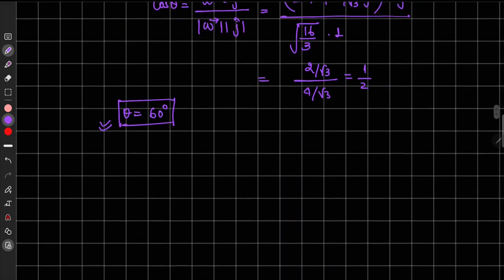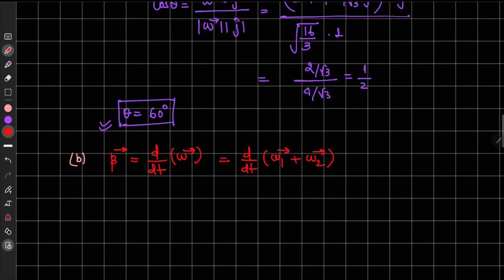Now in the B part, let us denote the angular acceleration as beta vector, that we can write as d by dt of the angular velocity vector, that is equal to d by dt of omega 1 vector plus omega 2 vector.